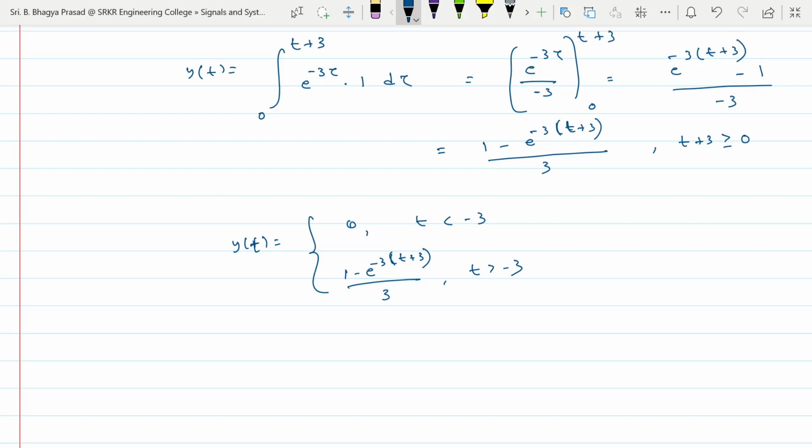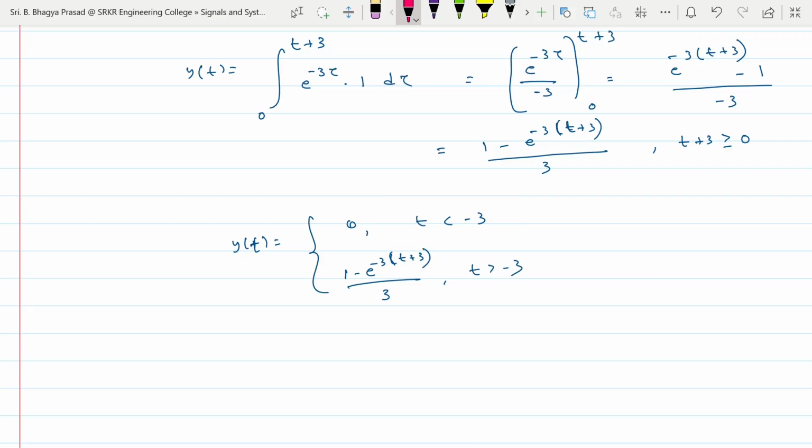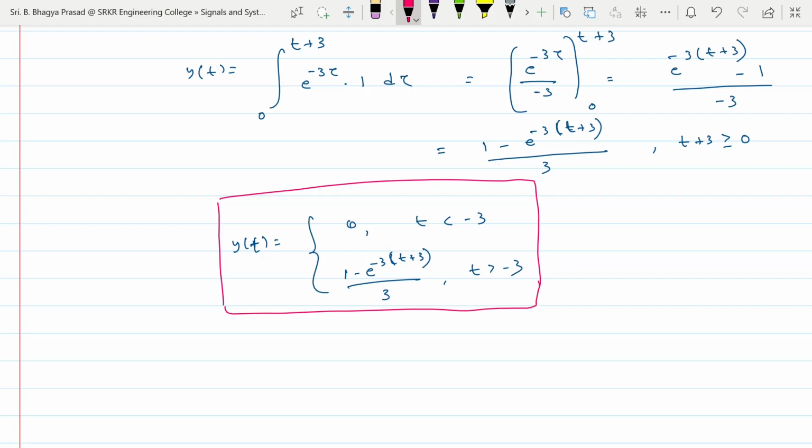Okay, so this is the final output of the convolution between e power minus 3t u of t and u of t plus 3, right? So let us solve some more problems here.